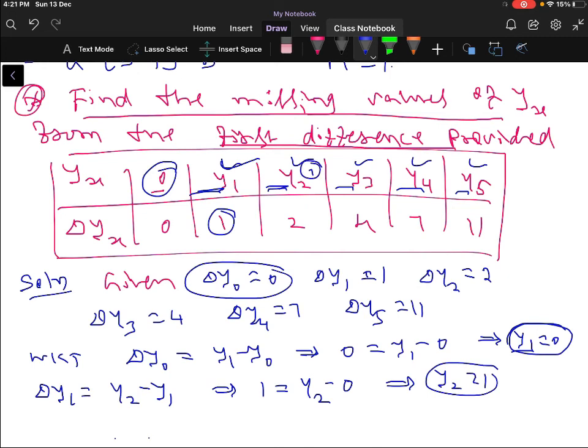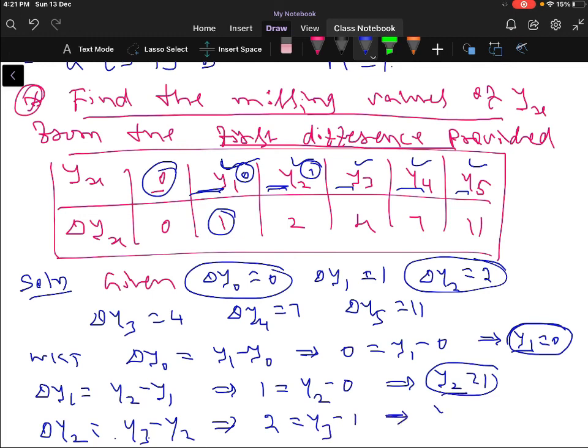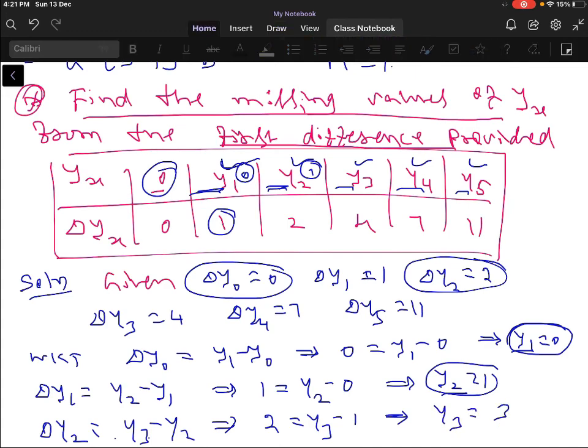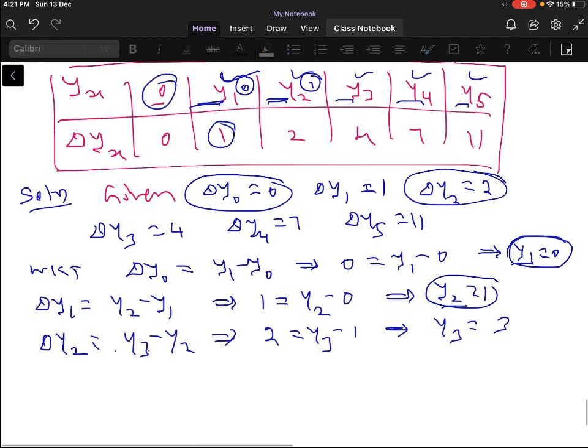Now to find y3, use delta y2, where delta y2 is equal to y3 minus y2. Delta y2 is 2, so 2 is equal to y3 minus y2, where y2 is equal to 1. So this implies y3 is equal to 3.